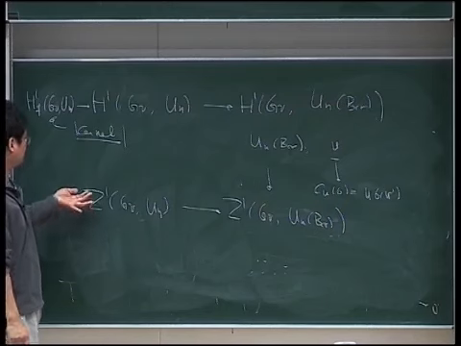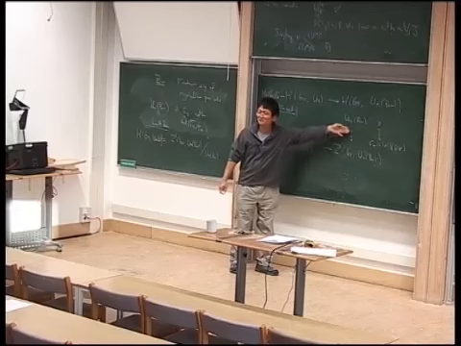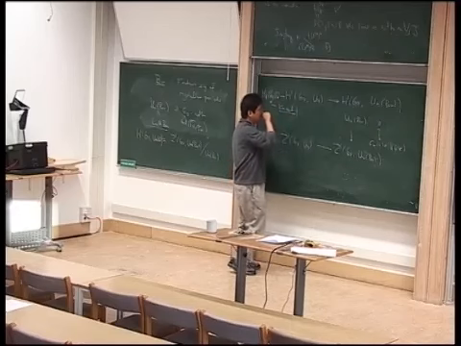And the crystalline cocycles are the ones whose image here lies inside the image of this map, right? That's the definition. So let's form the fiber product.